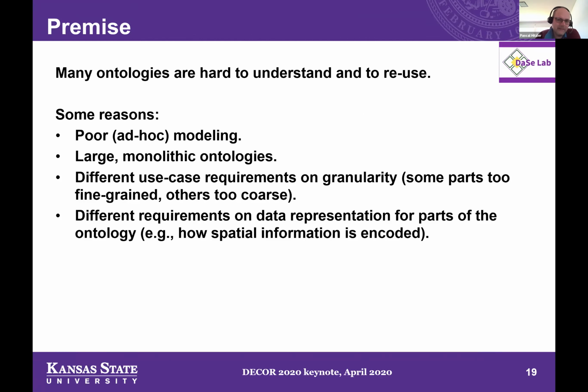Another problem, even if well designed, is that ontologies are sometimes very large monolithic entities. So it's a lot of classes and relationships and logical axioms, but it's all one big thing, and you don't really understand what's going on because you can't make sense of it, because there are just too many trees there, which means you can't really see what the forest is about.